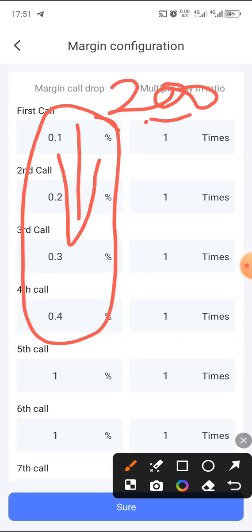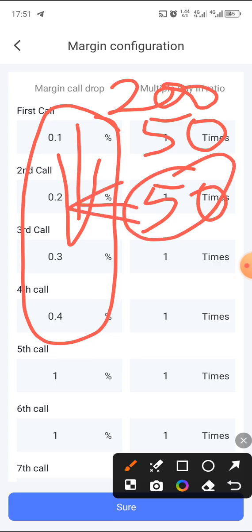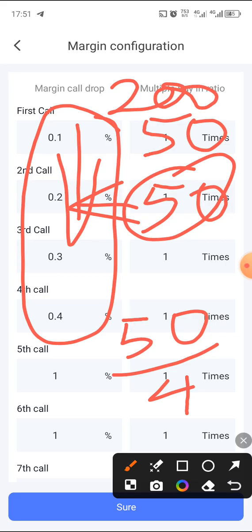Now our first buy is 50, meaning we are left with 50 to be distributed into these 4 margin calls. So just say 50 divided by 4.